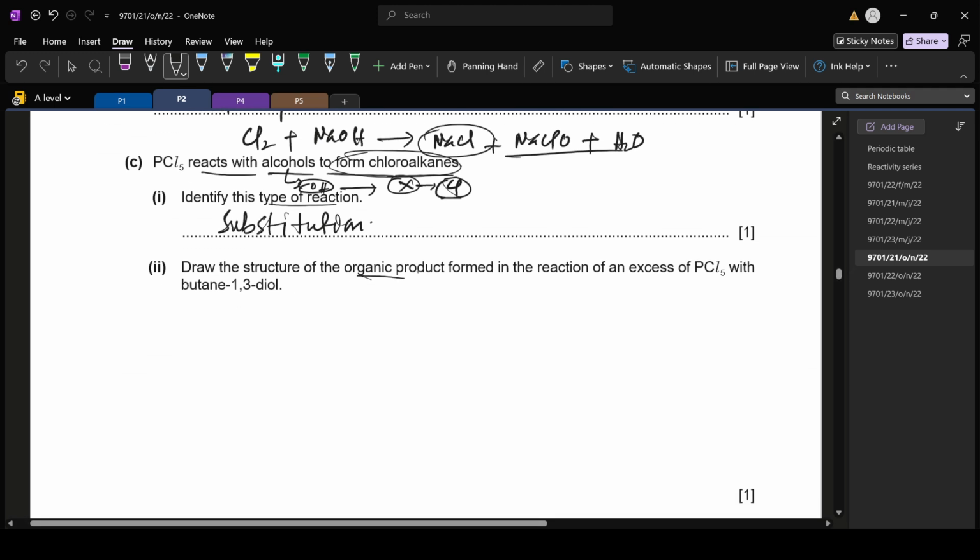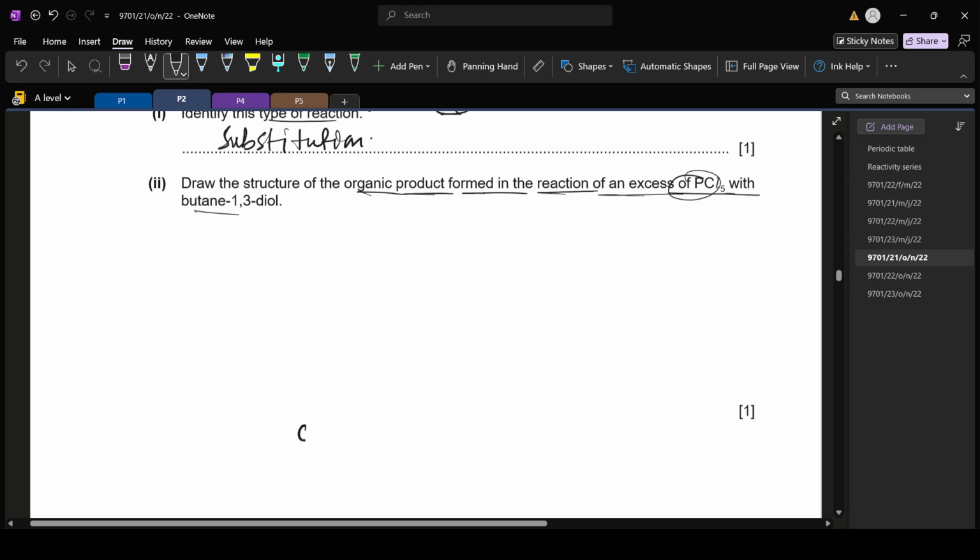Draw the structure of the organic product formed in the reaction of an excess of PCl5 with butane-1,3-diol. Firstly, let's draw butane-1,3-diol. This is butane, with OH here, and 1, 2, 3, OH here.